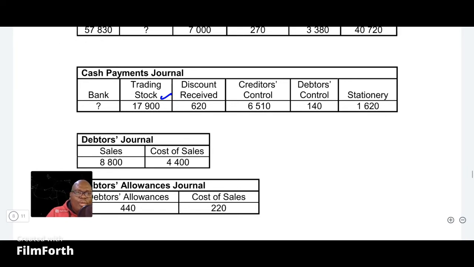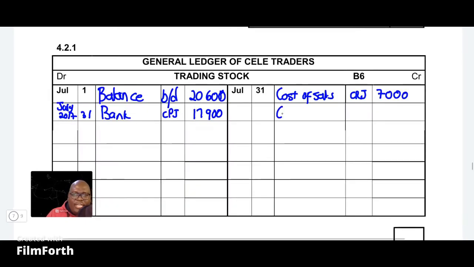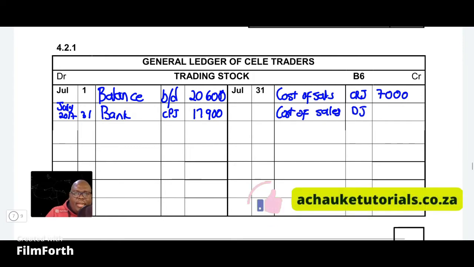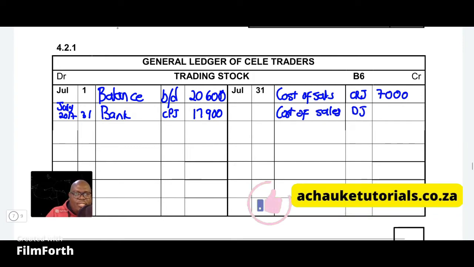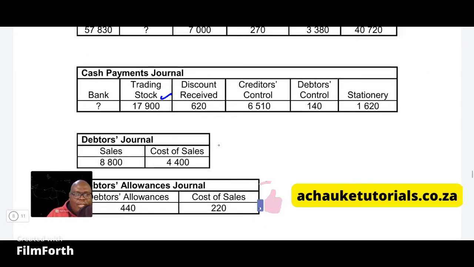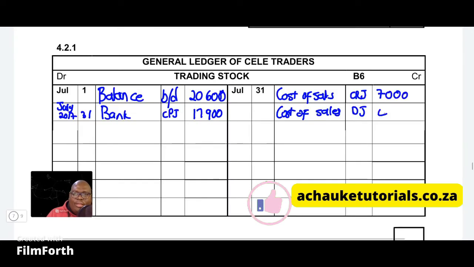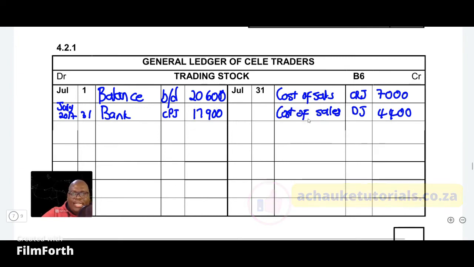So we're going to have cost of sales here, and then we would have the debtors journal, and then remember the amount is 4,400. So we're going to have that 4,400 here. You must remember that you cannot show the effects of the original account with the original account, meaning that I can't have trading stock crediting trading stock here, so hence I'm using cost of sales.